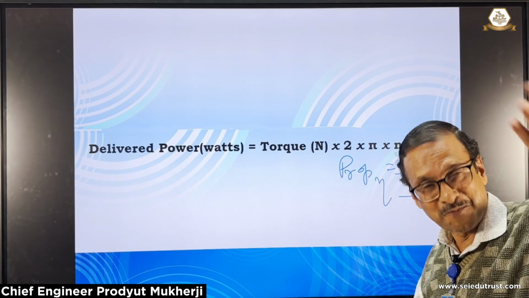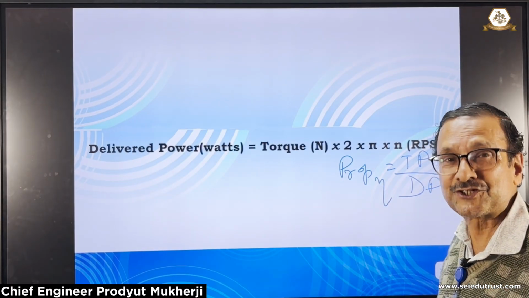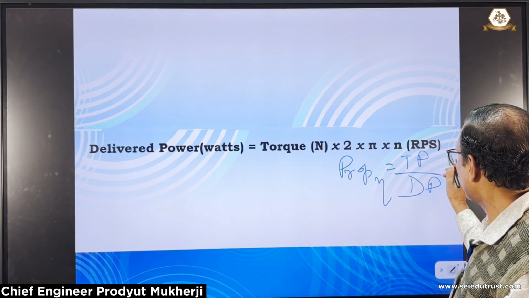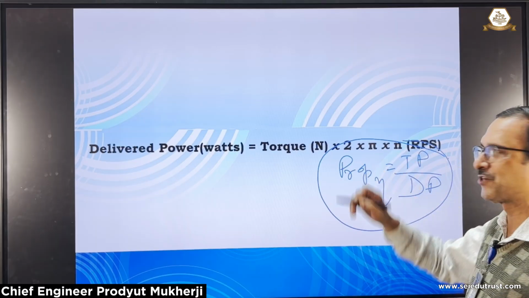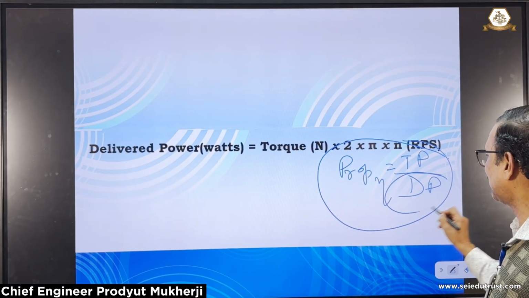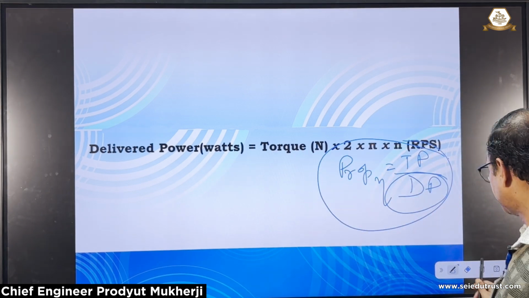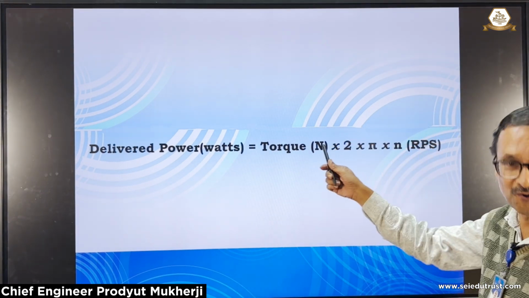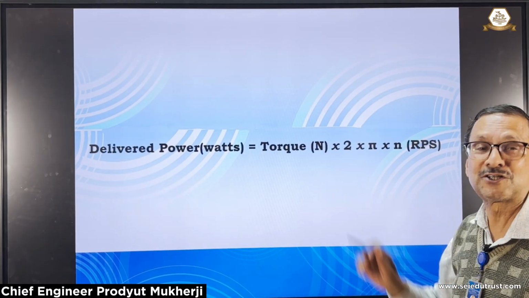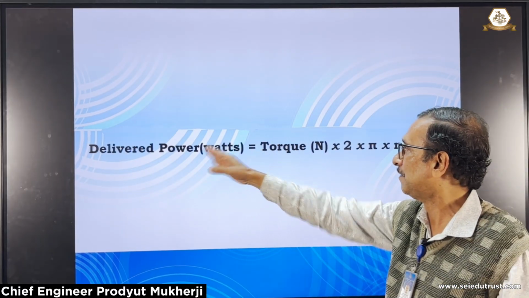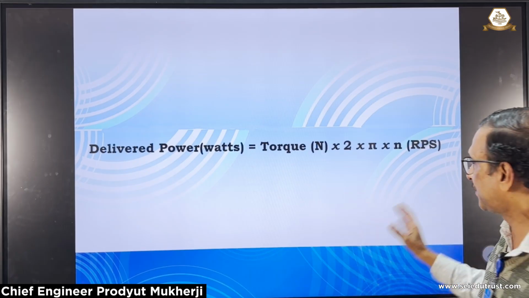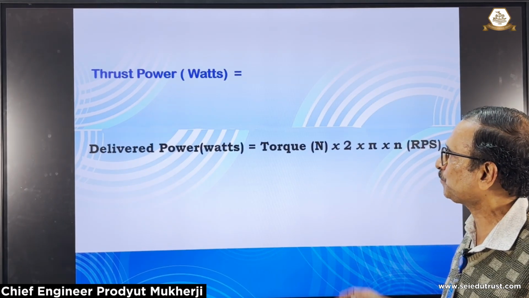Please refer to my previous video named Ship's Power Calculation, where we came across this efficiency, where also we had the delivered power. But here the delivered power has a slightly different formula which uses the torque. We are calculating the delivered power from the torque generated by the propeller.